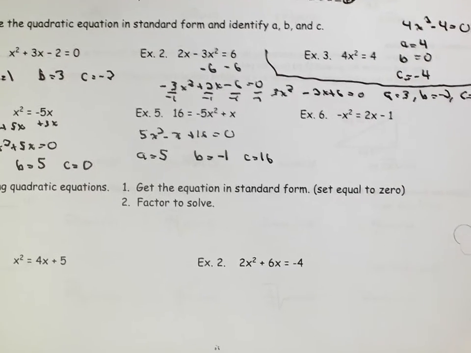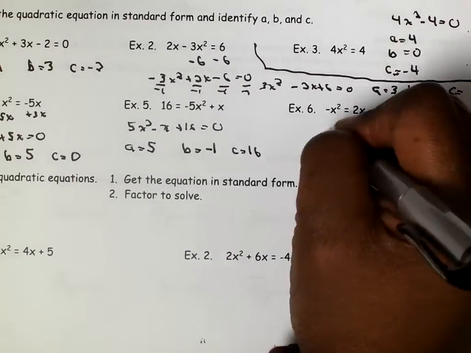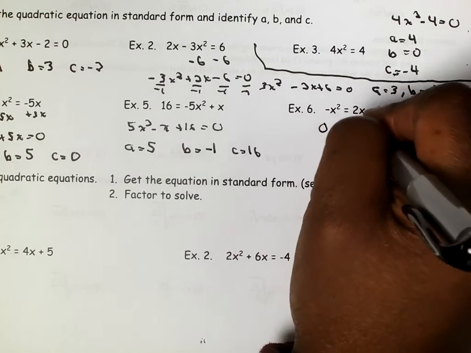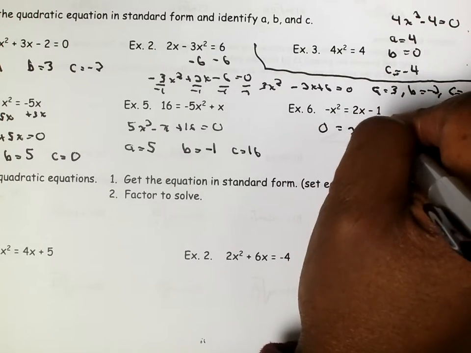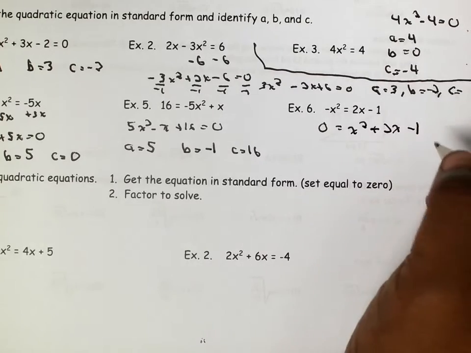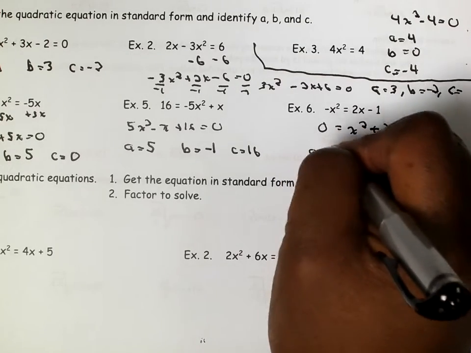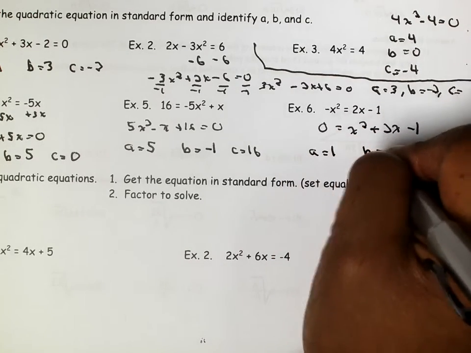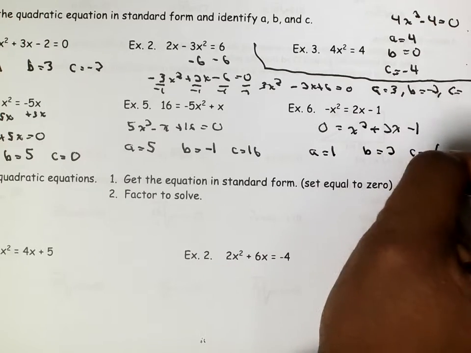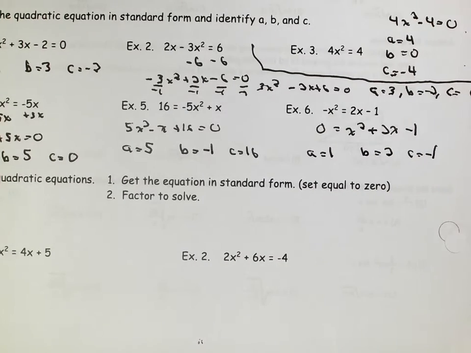And then finally for number 6, I'm going to move the x squared over, so I get 0 equals x squared plus 2x minus 1. A is 1, b is 2, and c is negative 1. So these a's, b's, and c's we're going to use a lot in the next couple of sections because we're going to be looking at parabolas and the quadratic formula, and a, b, and c has meaning to all of it. So it's important to be able to identify those.